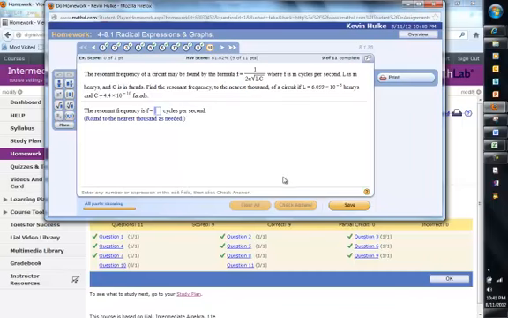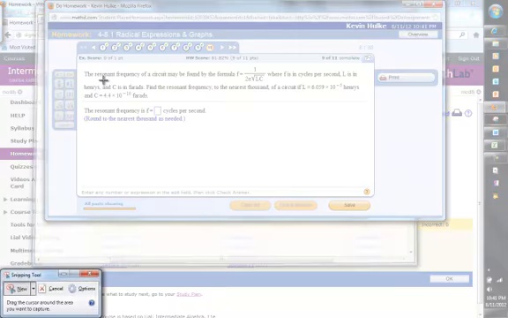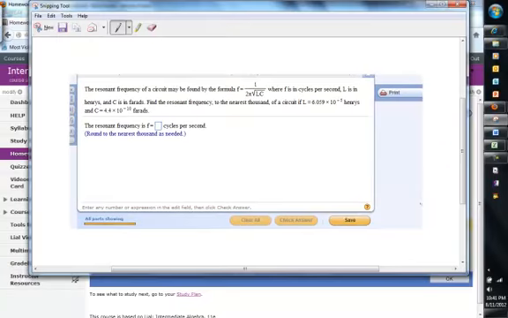All right, I love these kind. The resonant frequency of a circuit may be found by the formula. Frequency is 1 over 2 pi square root LC, where F is the cycles per second, L is in henries, and C is in farads.